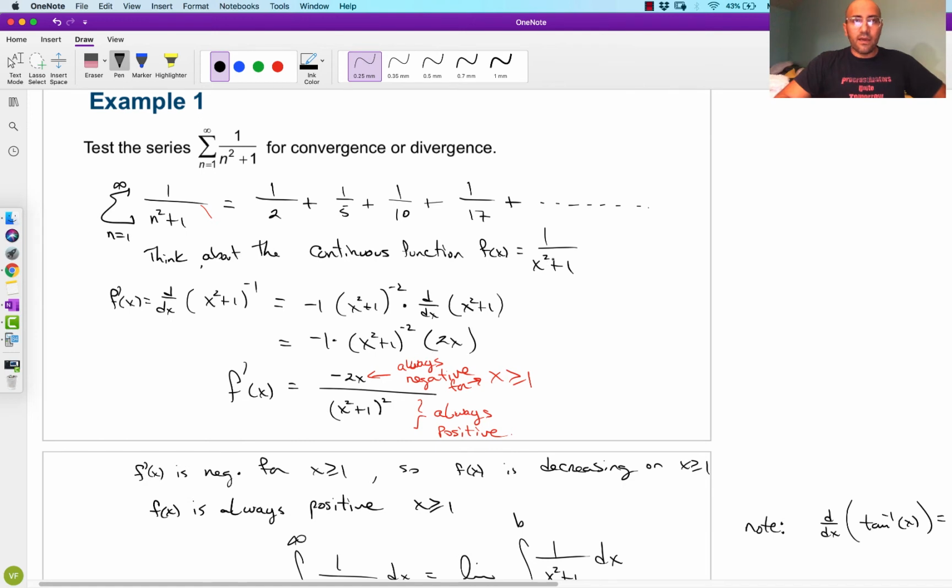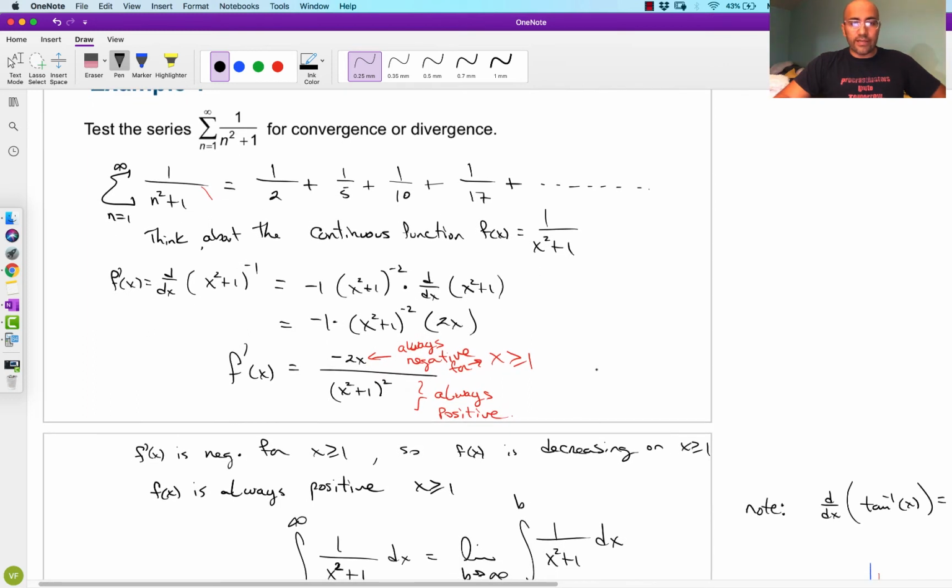There aren't any vertical asymptotes anywhere, no jump discontinuities, nothing weird about this function. We took its derivative and saw that the derivative is always negative for x greater than or equal to 1, so we've established this function is decreasing. And it's always positive, since any value of x gets squared plus 1, so the whole thing is always positive. All those conditions have been satisfied.